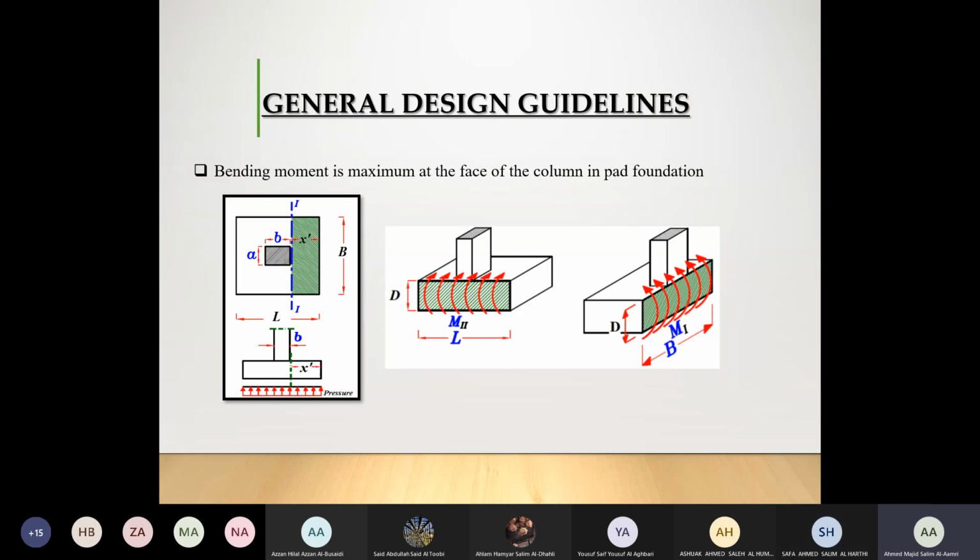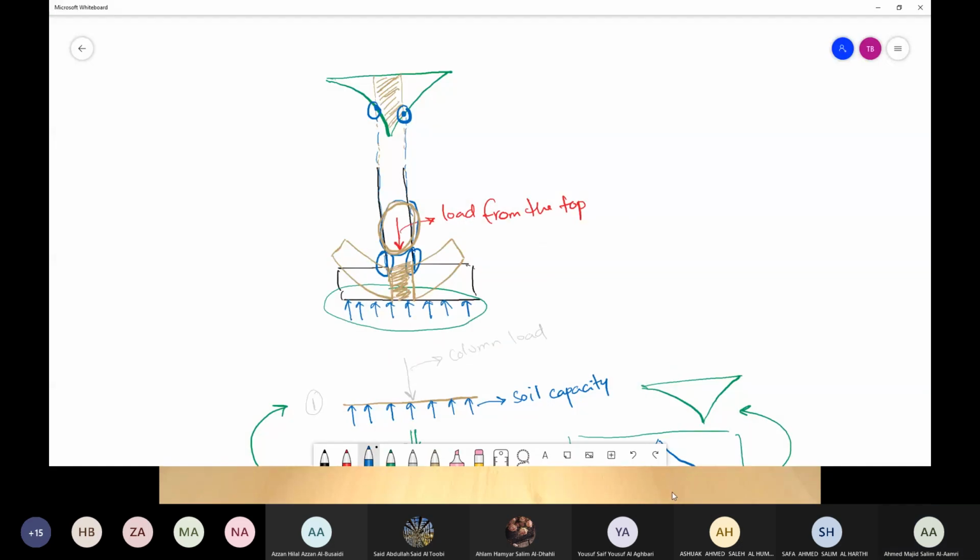we need to calculate the maximum bending moment at the face of the column. Now, of course, if you see here, there are two positions when it comes to a foundation, because we have two directions. Now, for example, if we have a foundation which is let's say 3 meters, and then this is 3 meters, and then I have a column.